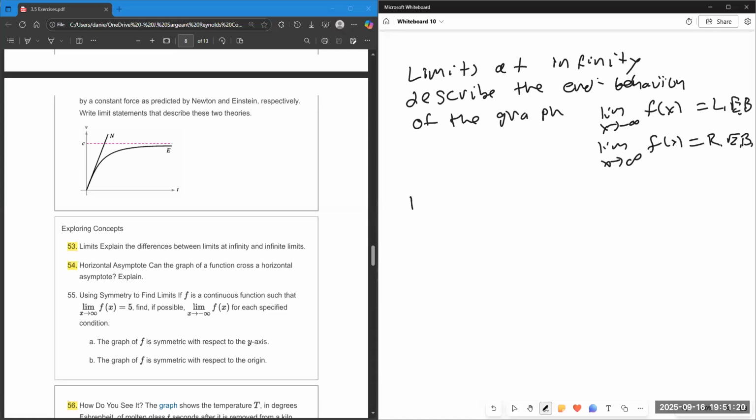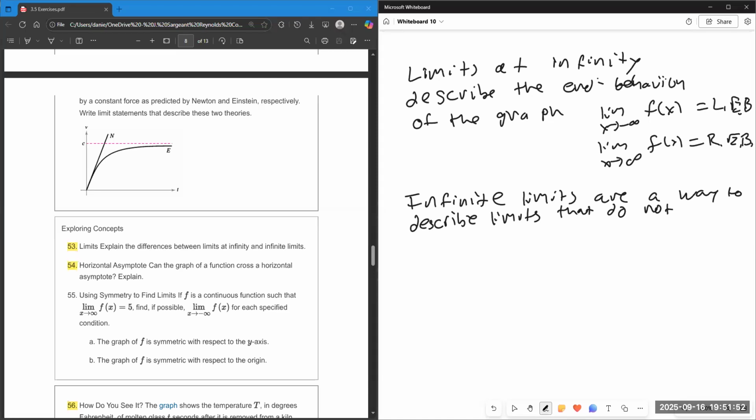Infinite limits, on the other hand, are a way to describe limits that do not exist because they increase or decrease with that bound.